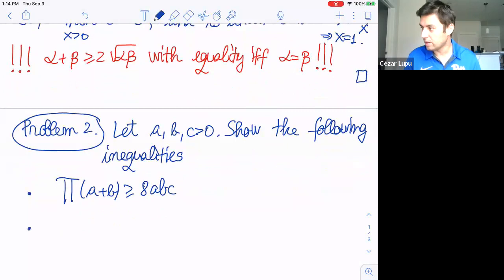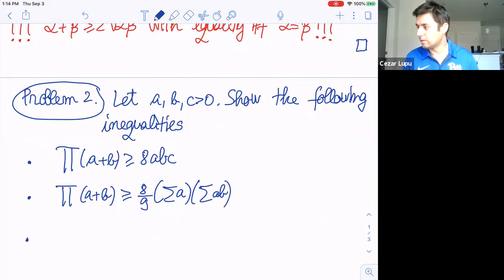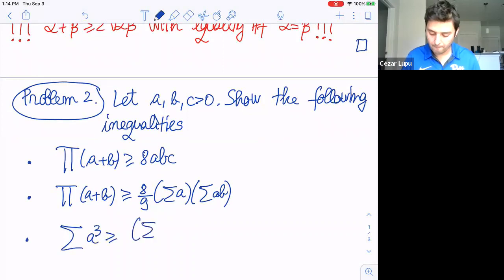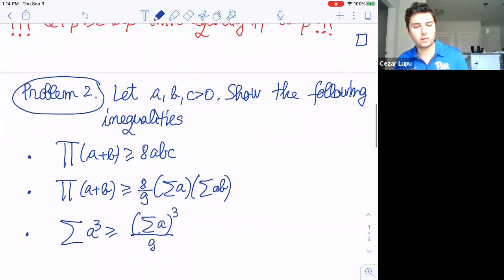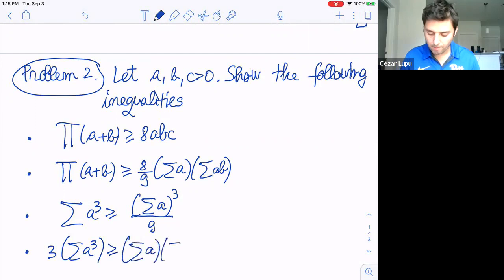Then the second one is the product of (a plus b) is greater or equal than 8 over 9 times the sum of a times the sum of ab. And the third one is this, where we have the sum of cubes. I think I showed you in the lecture something with the sum of squares, a particular case of Cauchy-Schwarz. And then the last one is this.